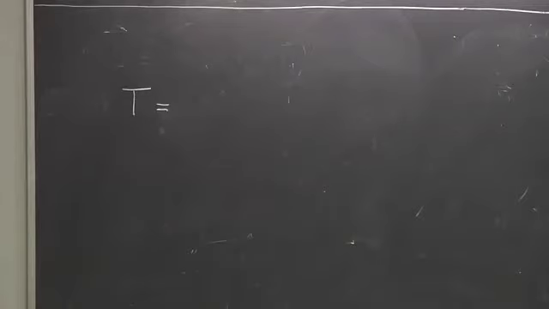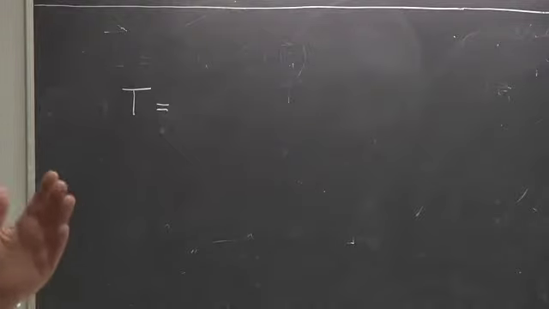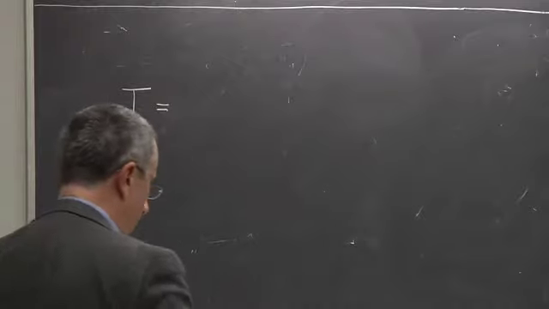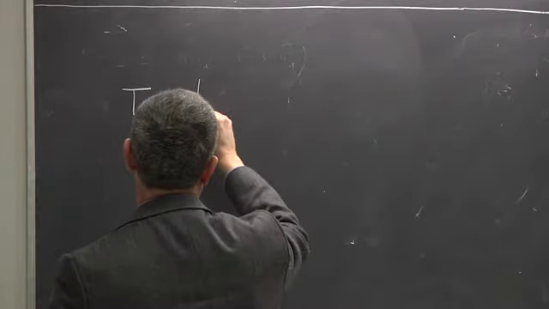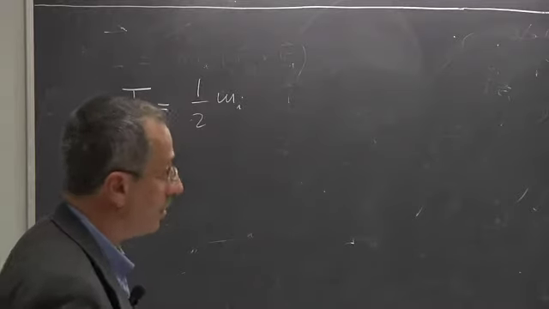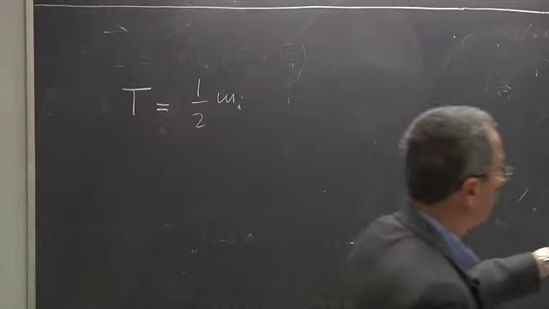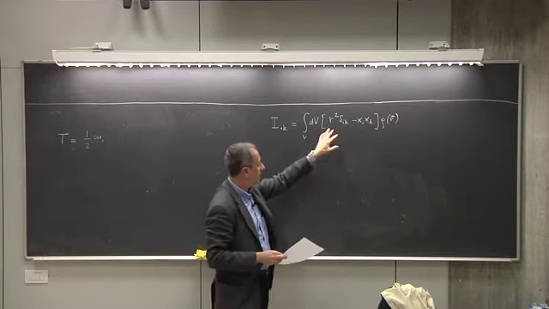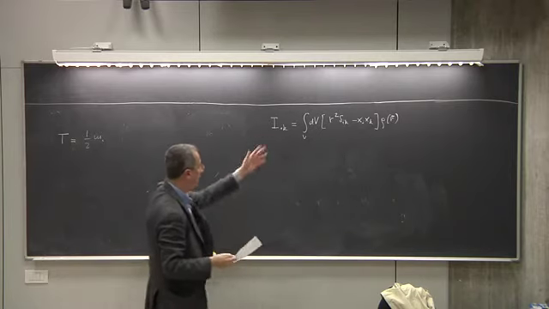Well, this is just 1/2 mv squared. That's always the kinetic energy. The only thing is that now you have a collection of points. So let's do it just for the points. Then the generalization to the continuous distribution of mass is trivial.